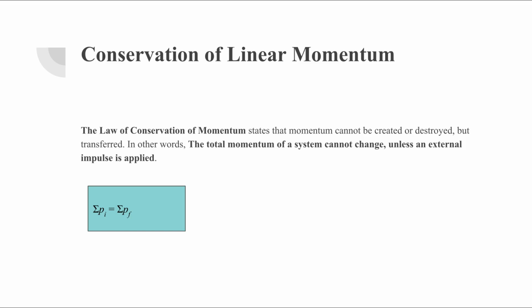You can add momentum or take away momentum because you transfer momentum through that impulse. Mathematically speaking, the total initial momentum, that's the sigma again, must equal the total final momentum, unless we have impulse.